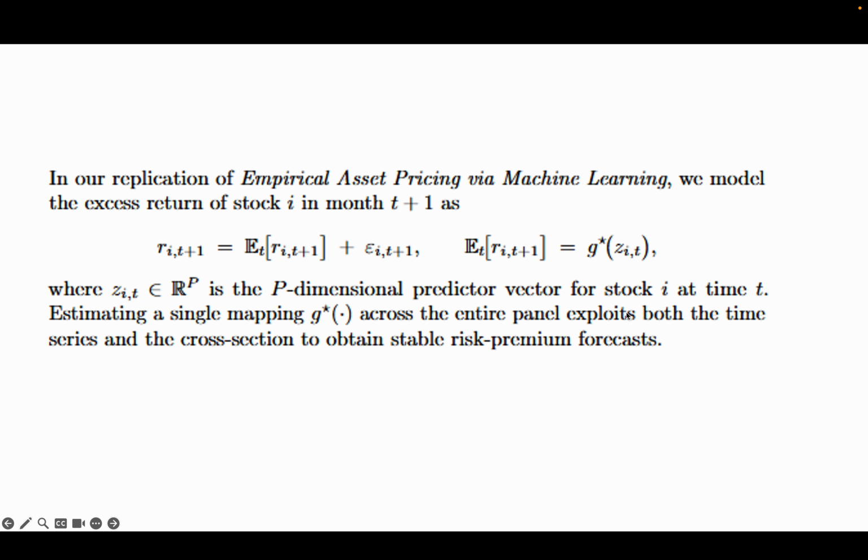In this model, we assume that for all stocks i and all times in the same year, they share the same model g. So our goal is to estimate this g and evaluate its goodness.